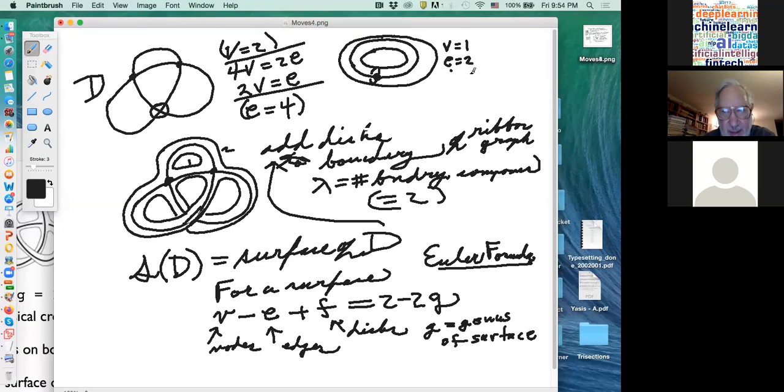And then faces equals 1, and notice that the interior of the face is a disk.